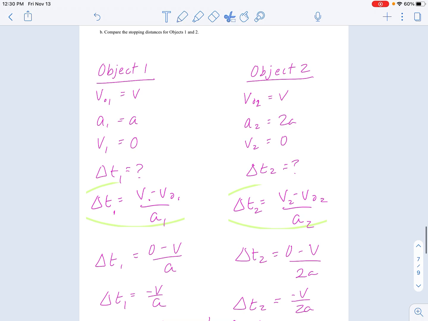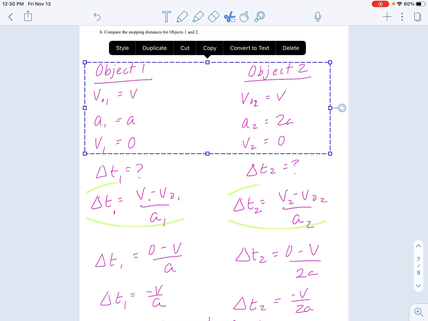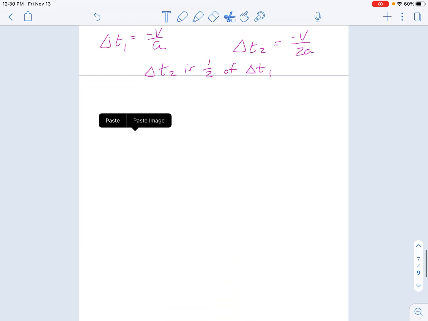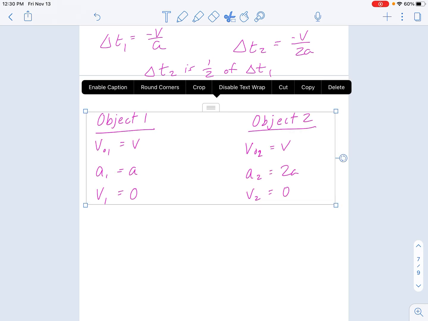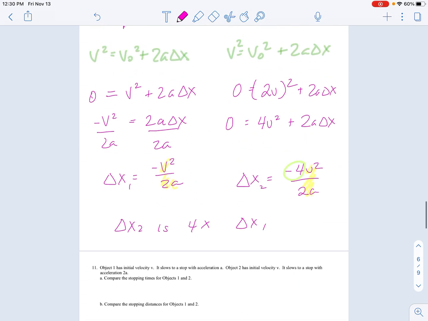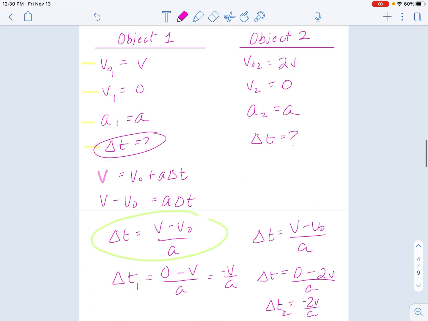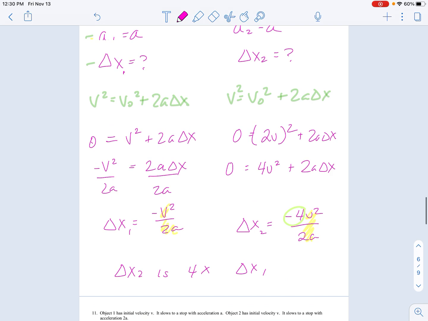Okay, and then we're supposed to compare the stopping distances. So I'm going to start with the same knowns. And I'm going to go back to question 10 and borrow my hard work here. I figured out which equation to use.